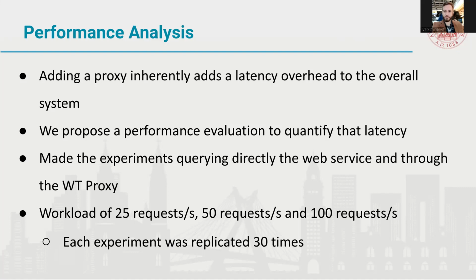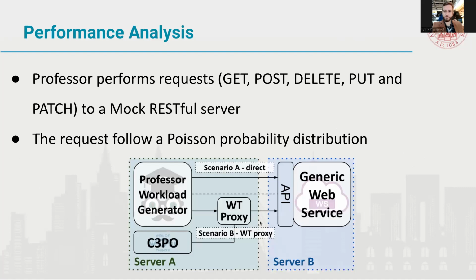So we made experiments querying the web service directly, and querying through the WebThing proxy, and we measured the latency between the two of them. We had three different workloads, 25 requests per second, 50 requests per second, and 100 requests per second, and we replicated each experiment 30 times. So this was the scenario of the experiments.